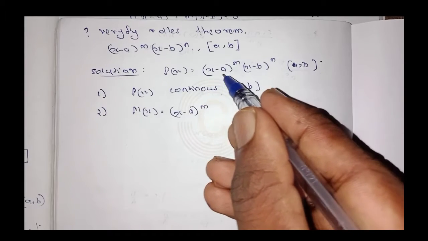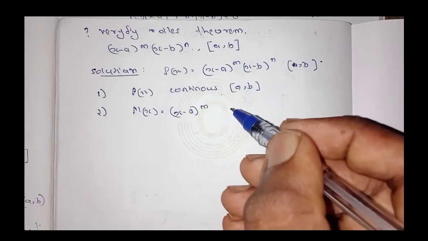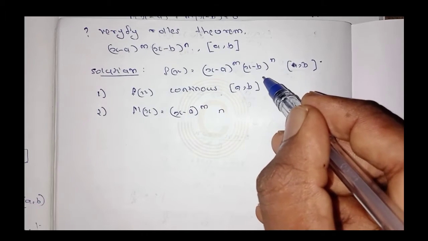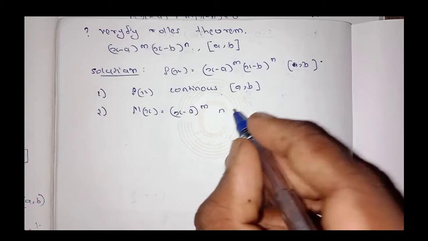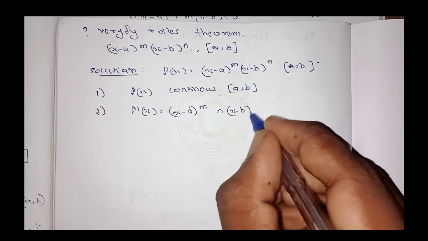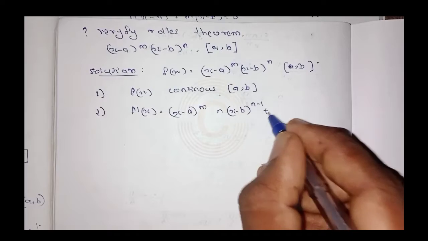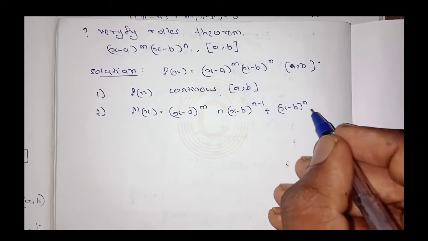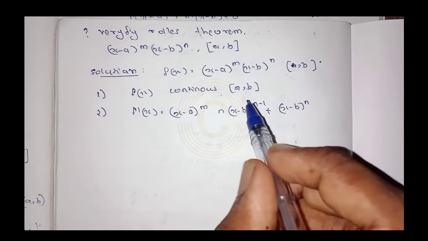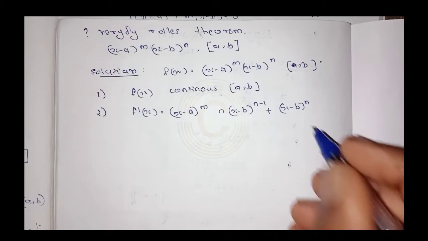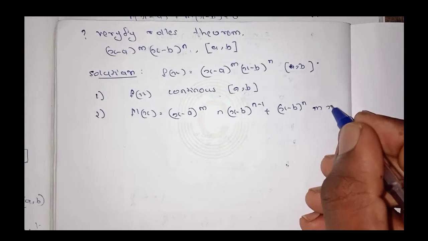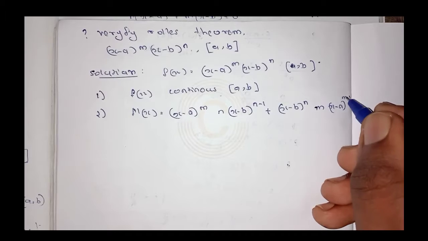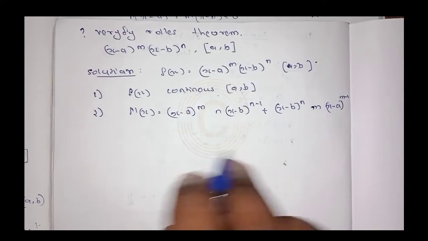The first function is (x minus a) raised to m into the derivative of the second, which is n into (x minus b) raised to n minus 1, plus the second function, that is (x minus b) raised to n, into the derivative of the first, which is m into (x minus a) with m minus 1th power. So this is the f dash of x.